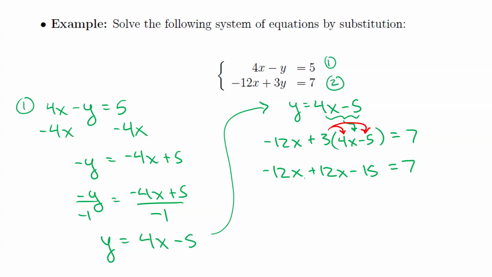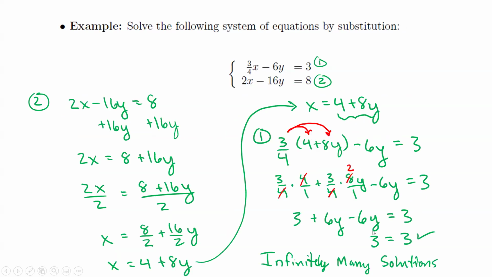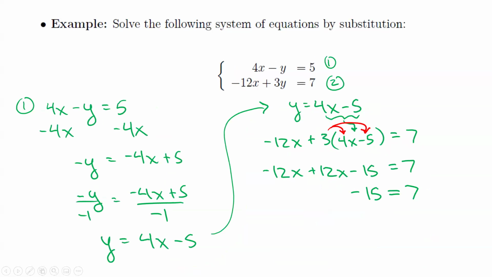So it's kind of similar to what happened in the last problem. -12x plus 12x, they cancel each other out, but then we end up with this. Okay, but this is a different situation. Last time we got 3 equals 3, right? A statement that is always true. Here we get -15 equals 7, a statement that is always false, of course.